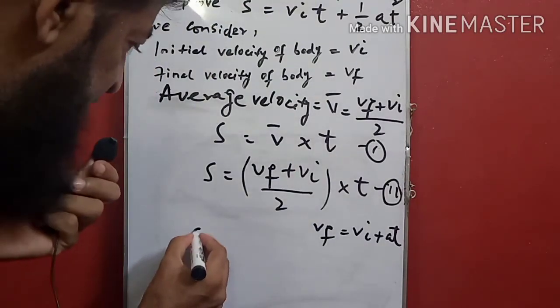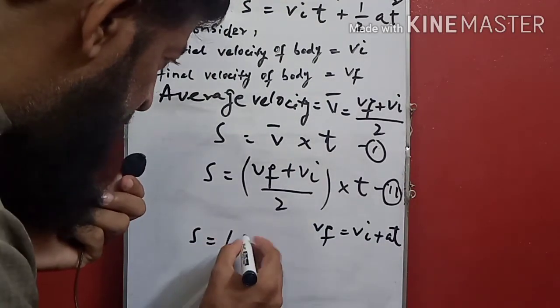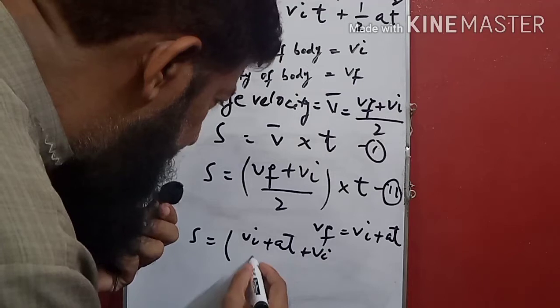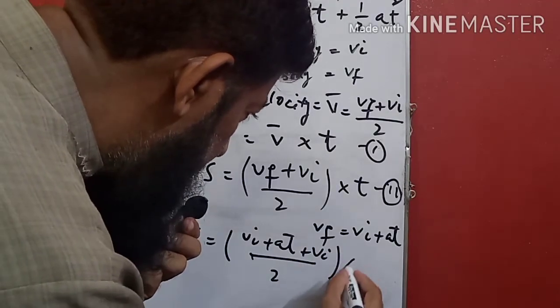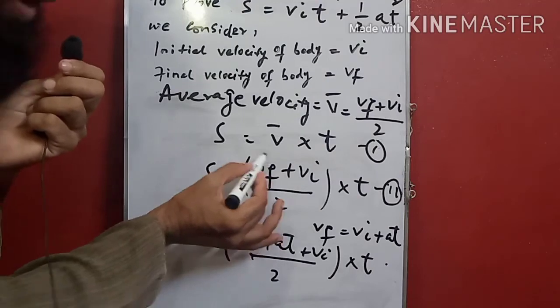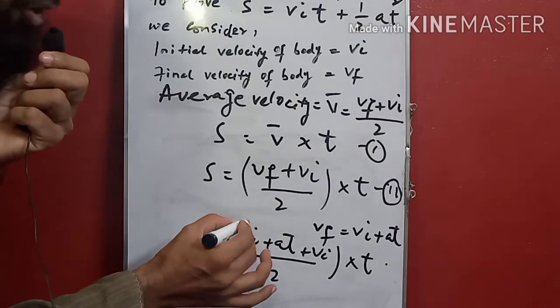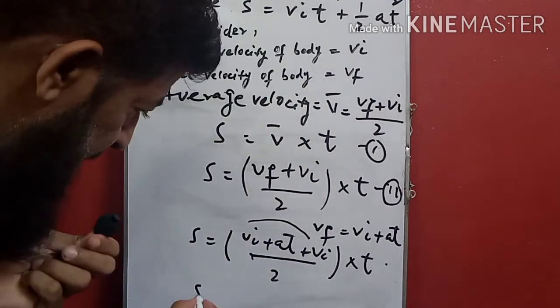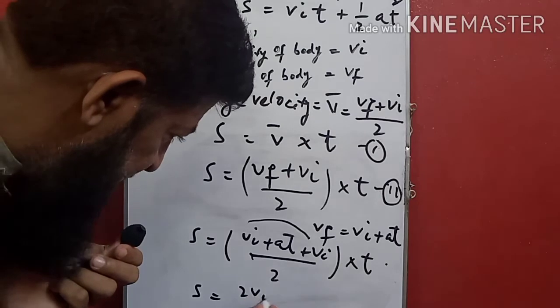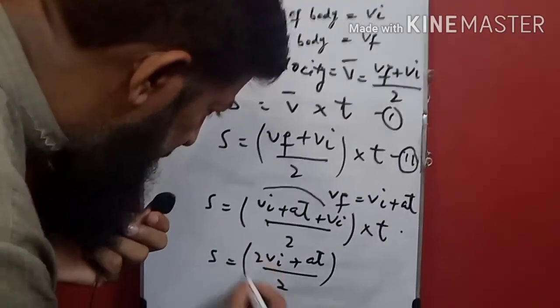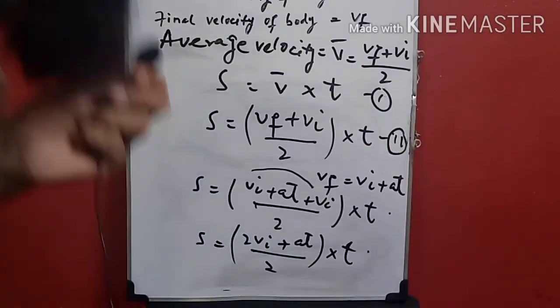Now S equals Vi plus At plus Vi upon 2 multiplied by T. Now look at the equation carefully. When we put the value of the final velocity in the equation, there are two Vi. We add these two, and it comes as 2 Vi. S equals 2 Vi plus At upon 2 into T.